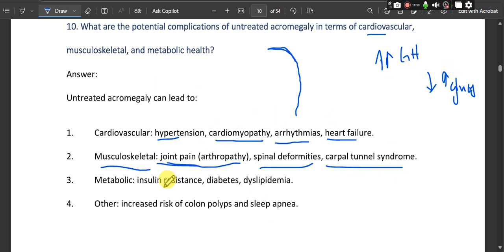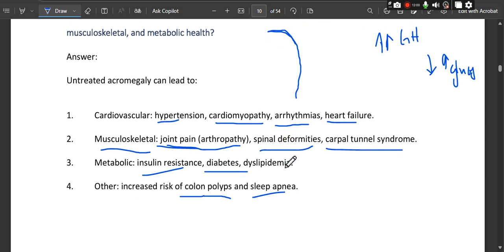On the metabolic side, we've already said it has insulin resistance properties leading to diabetes, and there is also risk of colon polyps because of overgrowth in the colon. Also sleep apnea because of the enlarged tongue. Sleep apnea simply means difficulties in breathing when somebody is sleeping, because the tongue is too large and is blocking the airway.